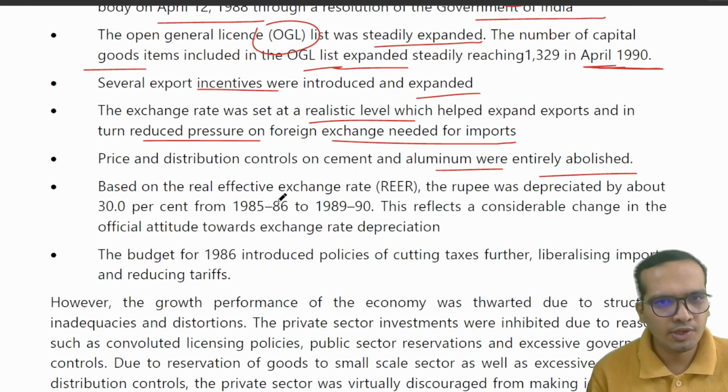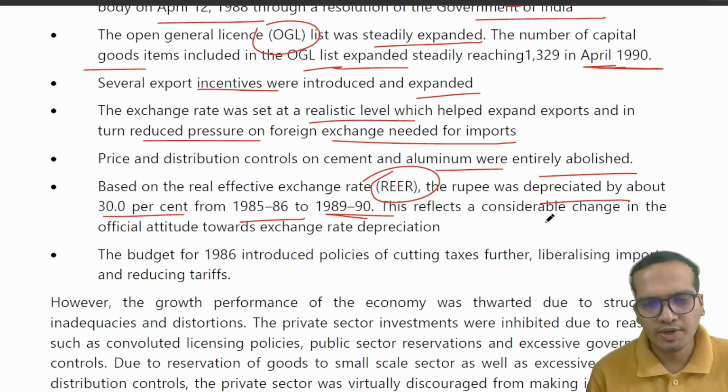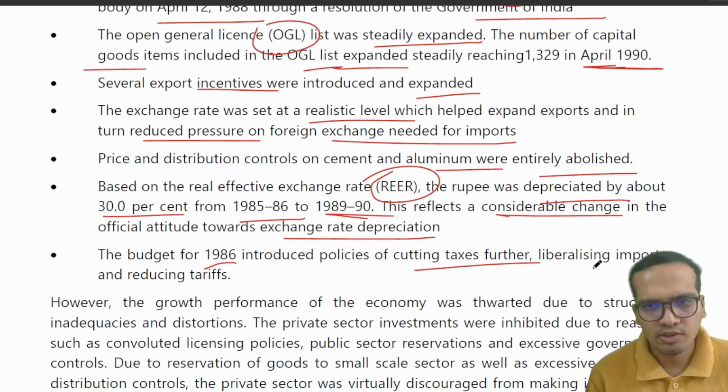Based on the real effective exchange rate (REER), the rupee was depreciated by about 30% from 85-86 to 89-90. This reflects a considerable change in the official attitude towards exchange rate depreciation. The budget for 1986 introduced policies for cutting taxes further, liberalizing imports and reducing tariffs.